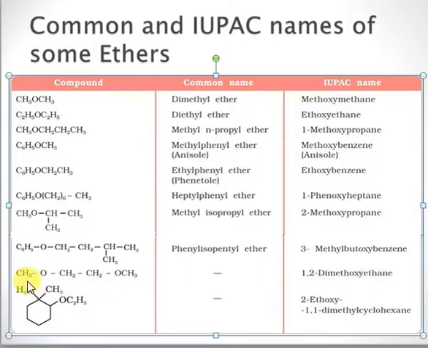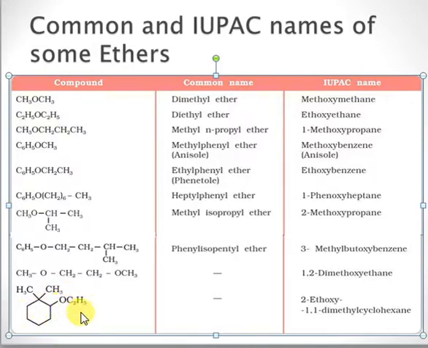Now we have a complicated structure here, right? We have an ethoxy group here, and we have a full cyclohexane ring here, and to this cyclohexane we have two methyl groups attached. Suppose we name this carbon as 1, so these methyl groups will be 1,1-dimethyl, and this will be dimethylcyclohexane, right?